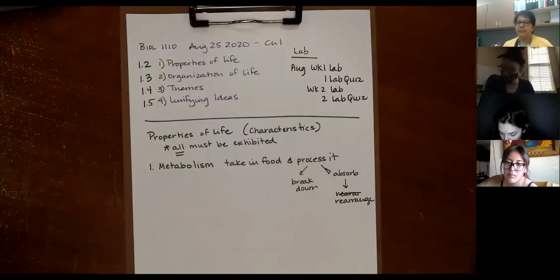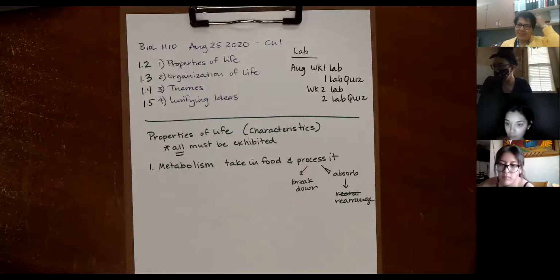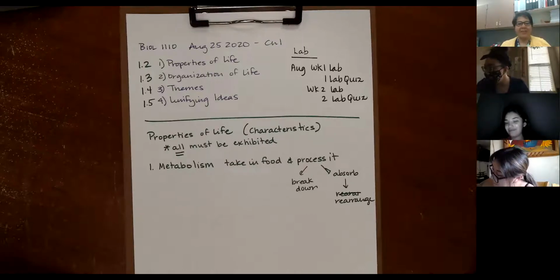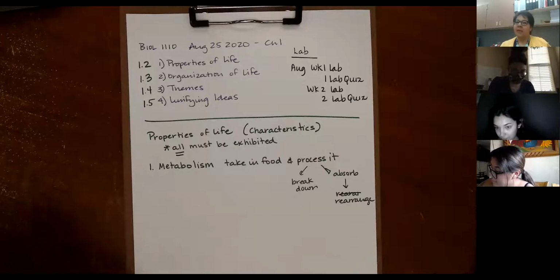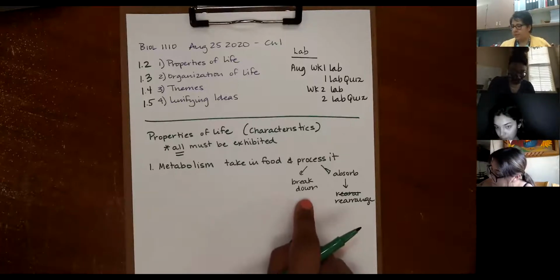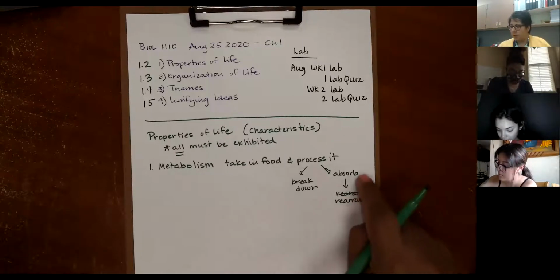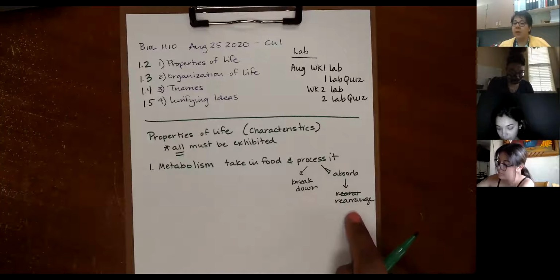So for example, some of you have very lovely long hair. It's been a while since I've had long hair, but your hair grows a little bit every day. And in order for your hair to grow, you have to take in food. And so what you actually do when you take in food is that you digest that food, you break it down, you absorb it, and then you rearrange the parts of your food to make things like your hair.